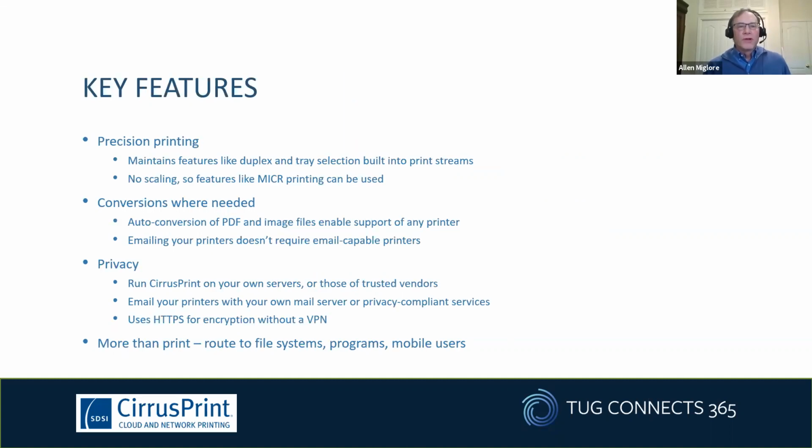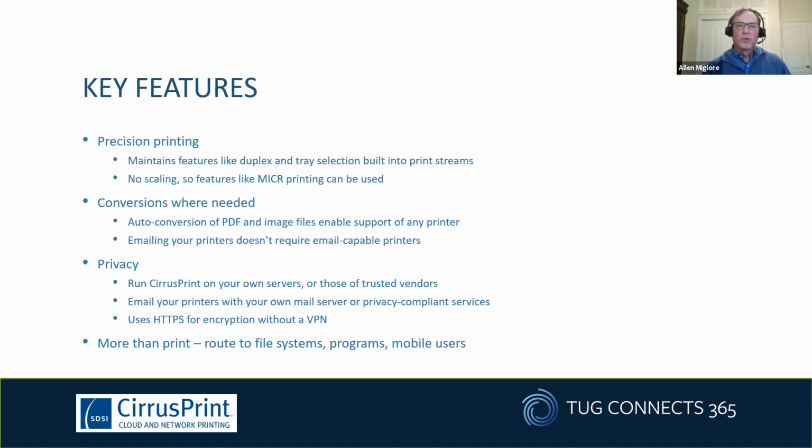Important features. Mentioned before that we understand PCL5, PCL6, PostScript, and so forth. So if a print job comes in that is already in a format that the printer requires or understands, we can pass it straight through. Where that comes into play is if you've got duplexing or tray selection in your print jobs, those will pass on to the printer.